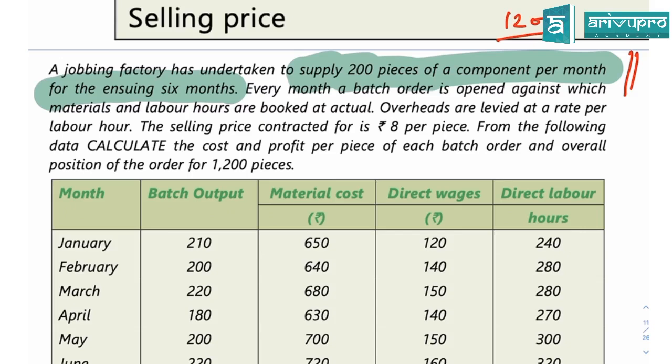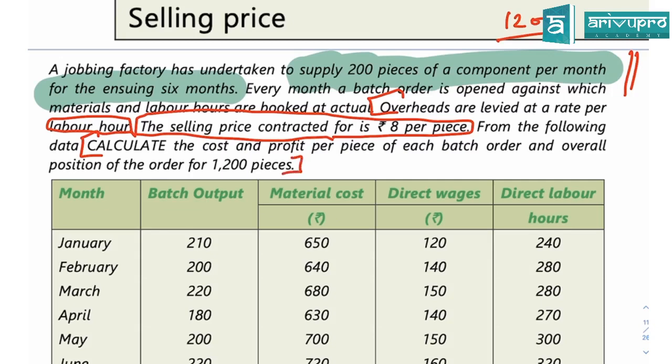Overheads are per labor hour. So, I know overheads has to be calculated by multiplying the labor hour. Selling price contracted is 8 per piece. From the following, calculate the cost and profit per piece of each batch overall.